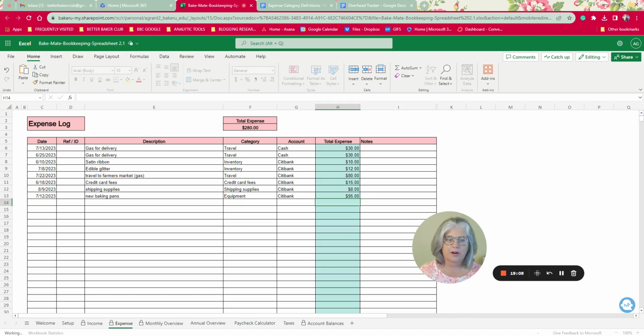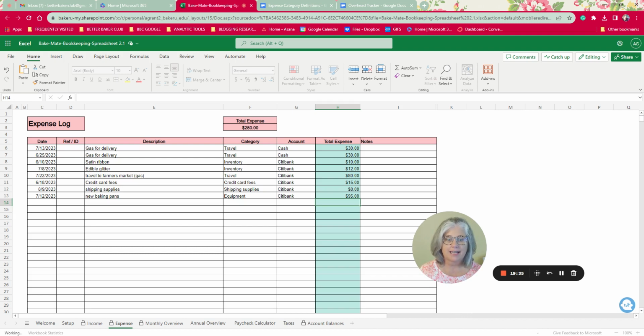Those are the ones where bakers say they start to see a difference when they start their home bakery, that their home is paying more for those expenses. I usually start with water because that's the one I notice the biggest change. We're washing so many dishes, we're running the dishwasher all day long, and it's going to show up like your business is causing your home to pay a little bit more on your monthly water bill.